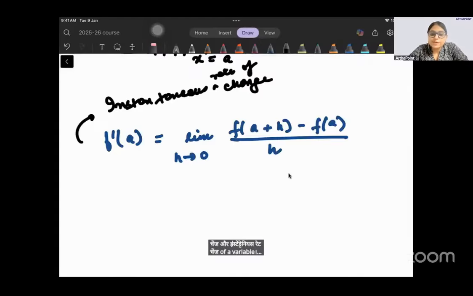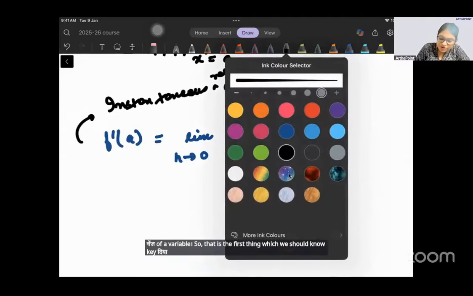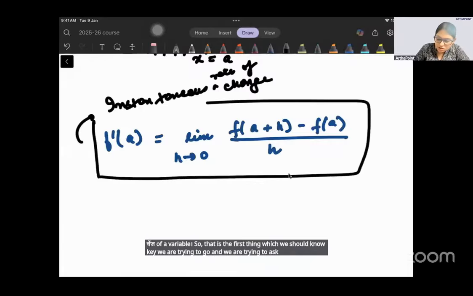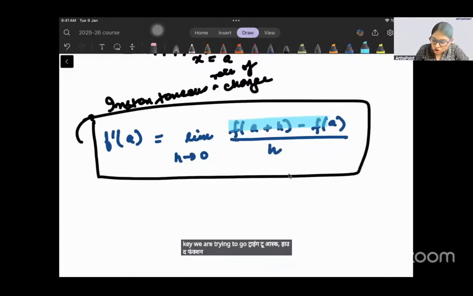Okay, so that's the first thing which we should know. That we are trying to ask how the function is changing, the rate of change of function divided by this h, right?